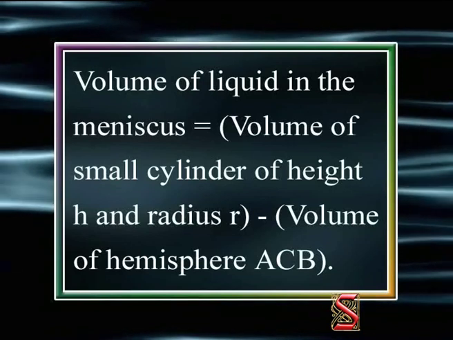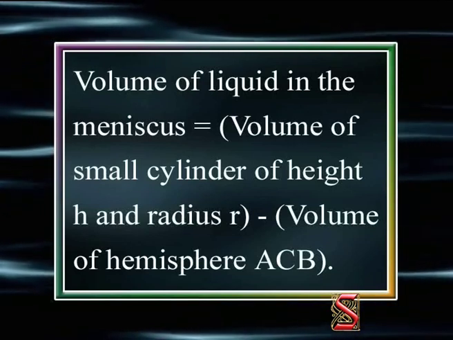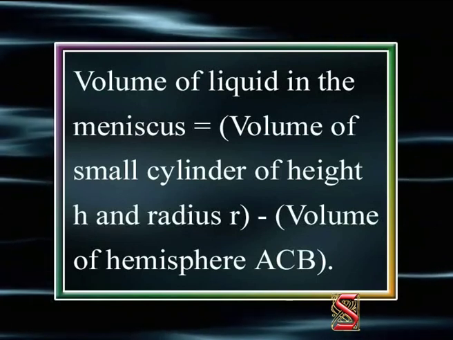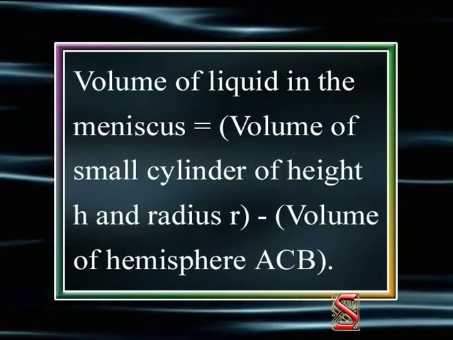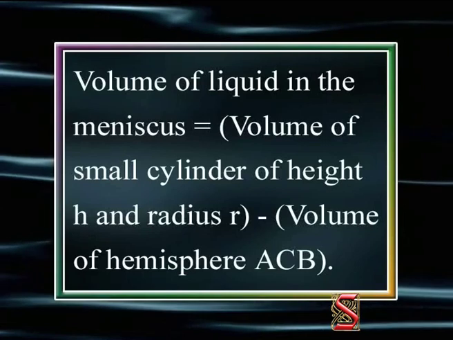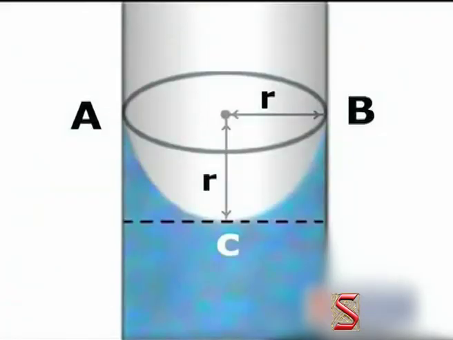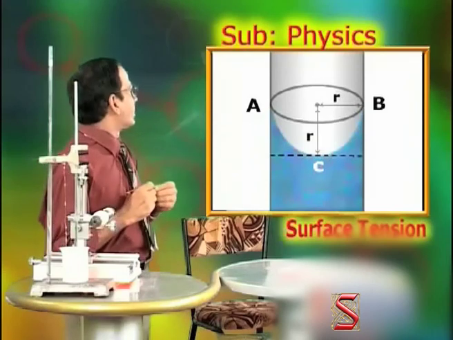Let us treat a small cylinder of height h equal to r, the radius, as the volume above which the hemisphere ACB sits. Why is it considered a small cylinder? Because it is a small cylinder just above the larger cylinder, as shown in the diagram.